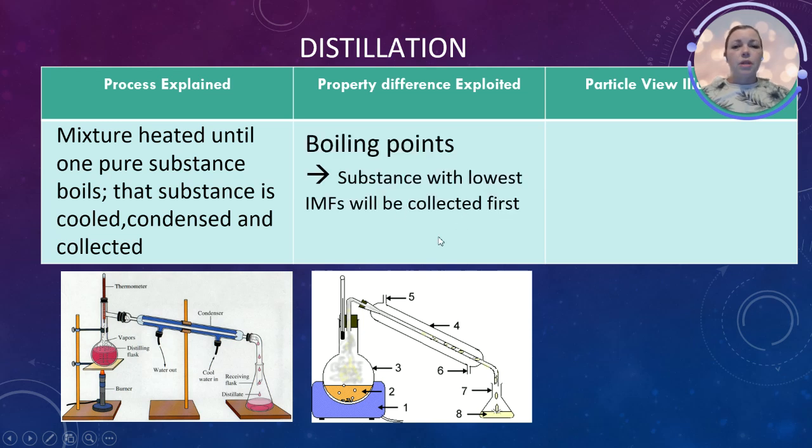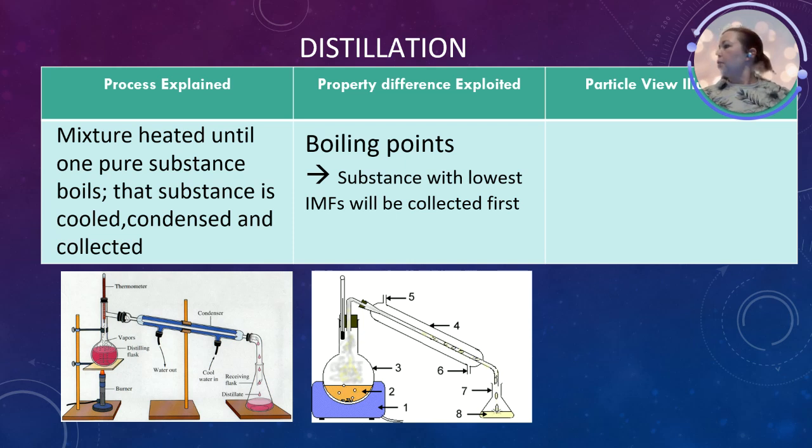So the property difference we're taking advantage of here is different boiling points. And it's important to keep in mind that the substance with the lowest intermolecular forces will be collected first. If you need a review on that, you can go back in Unit 3 to topic 3.3, solids, liquids, and gases.